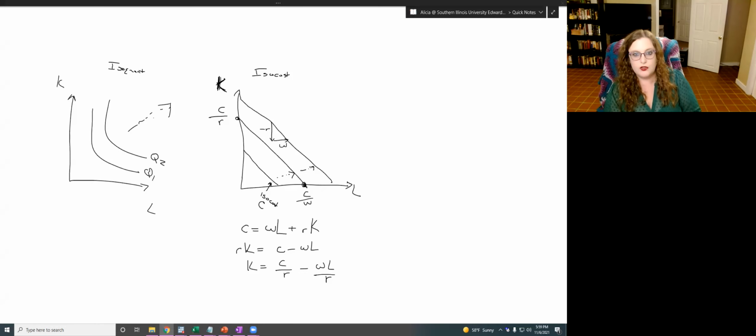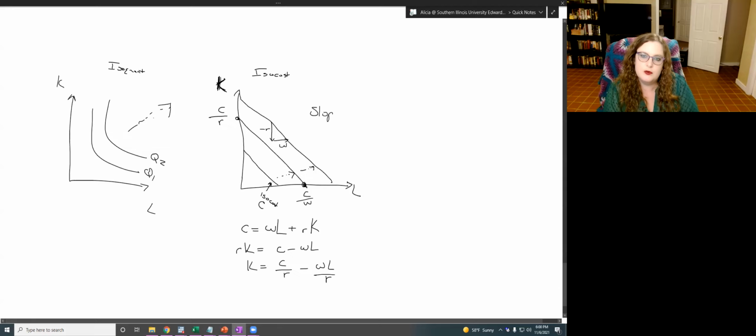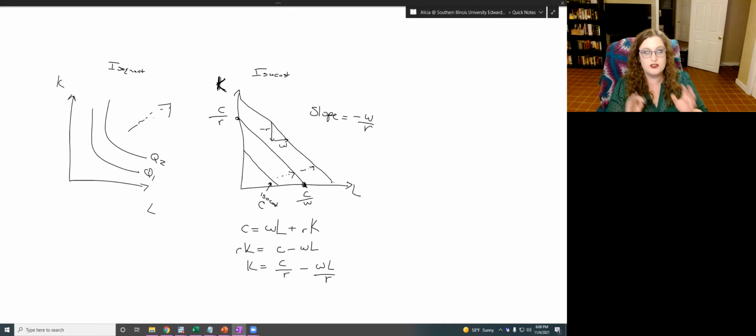So let's call this slope equals minus W over R, which means we have a downward slope. It's going downwards by some rate relative to the wage and rental rate.